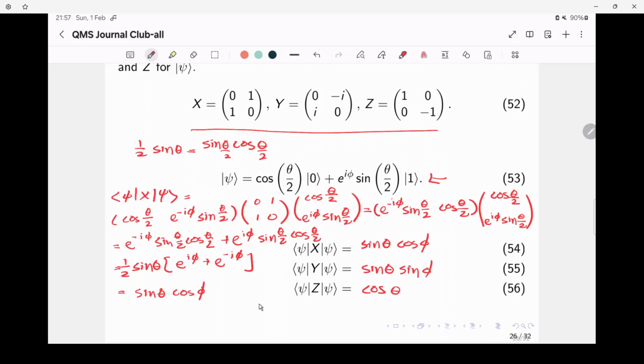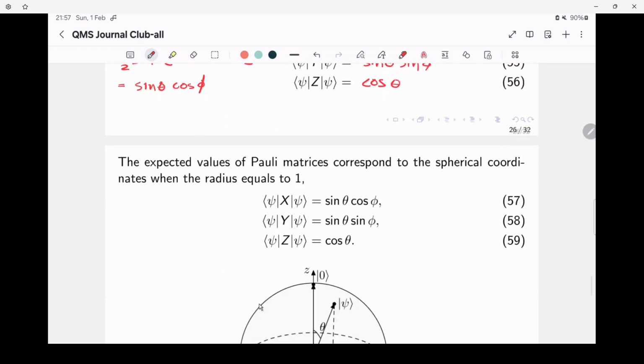As Jianhao said, the next slide has the answer. But the state basically is the same. Just multiply accordingly, and you should be able to get the answer using identities like this. As you can see, the expected values for your Pauli matrices actually correspond to your spherical coordinates when your radius equals 1.